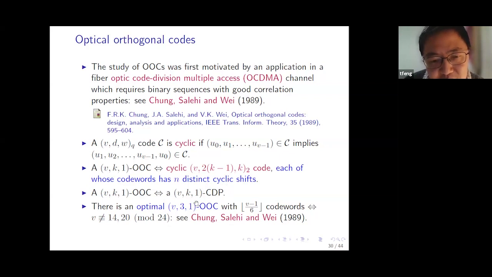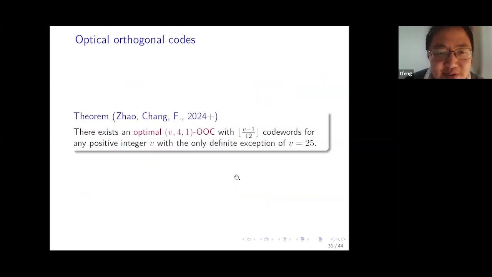So the next problem is how about the case of (V,4,1)? Because we can solve the existence of cyclic design or cyclic difference family, we can use similar tools to solve the existence of optimal (V,4,1) OOC. Okay, we can solve all of the cases.